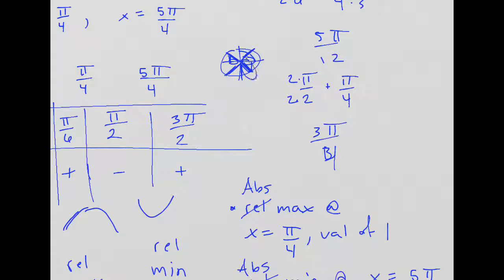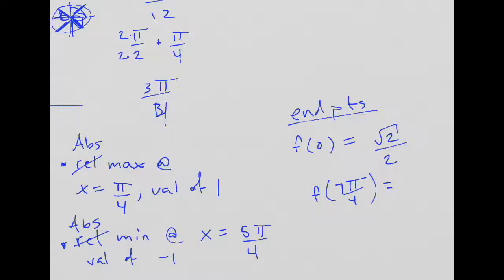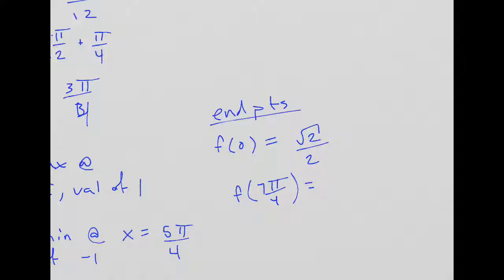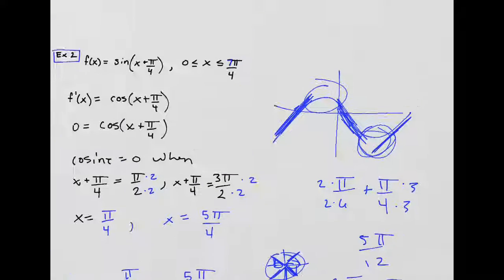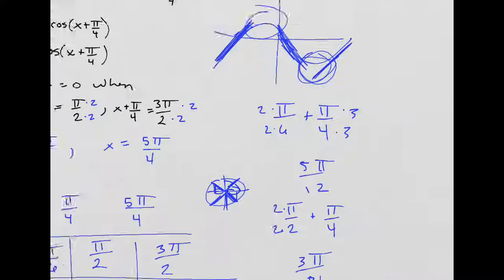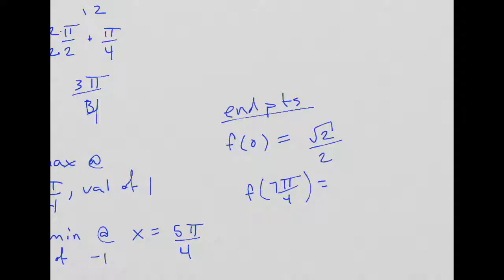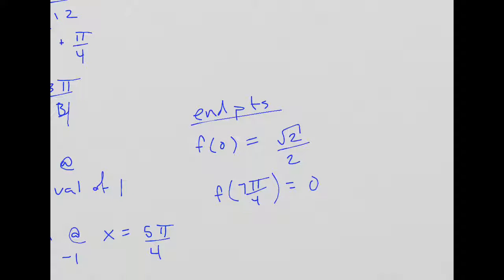That's going to be that position. So that'll be negative root 2 over 2? Oh, wait, no. Because I got to do 7 pi over 4 plus pi over 4. That's 8 pi over 4, which is 2 pi. So that'll give me 0. So what is this approximately? Well, it's definitely smaller than 1.